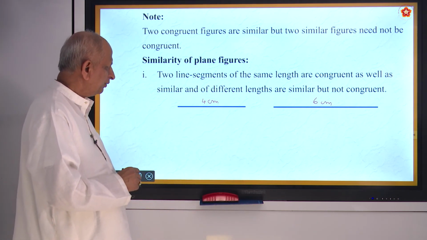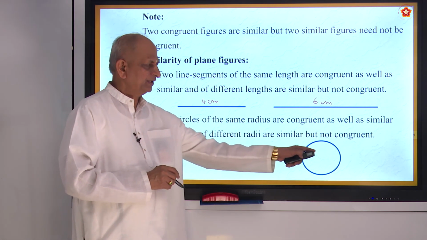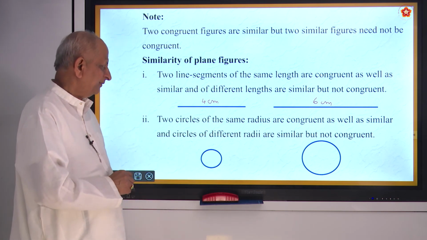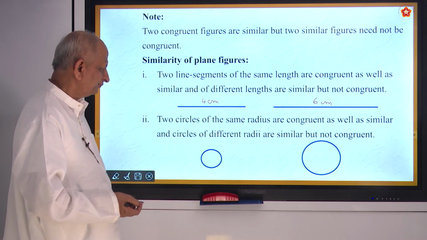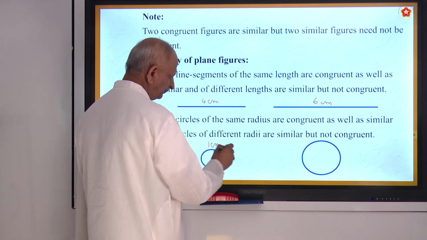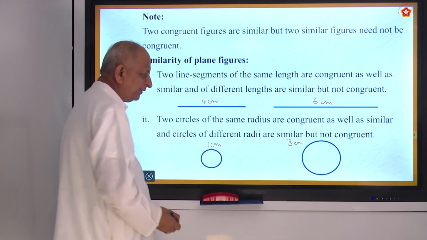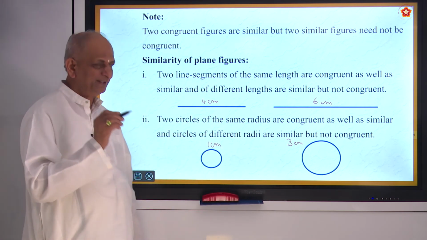Okay, give one more example. There are two circles here, shape is the same but radius is different. Suppose the radius of this is 1 centimeter, this may be 3 centimeters. They are not congruent, they are similar.